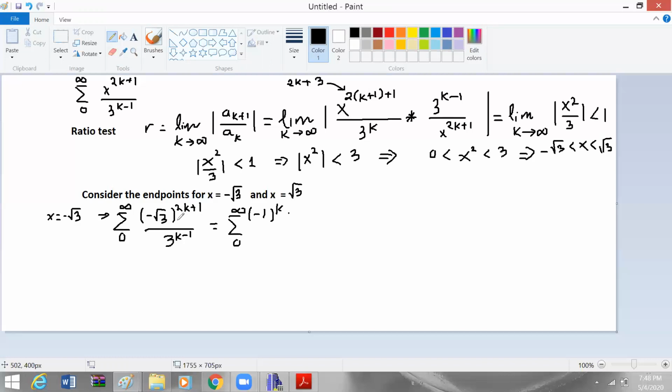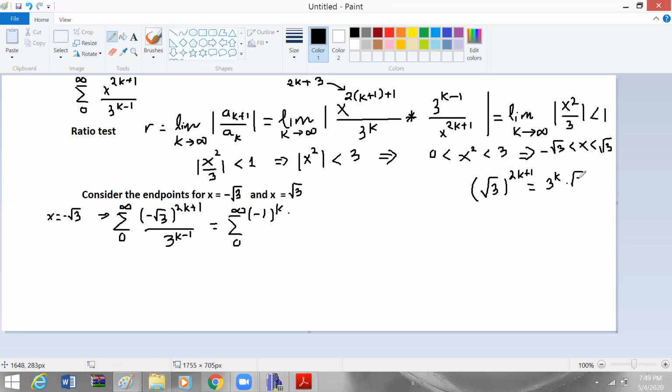So we pull out the negative sign. We remember that we have radical 3 to the 2k, so the answer will be 3 to the k. And if you have 2k plus 1, then it's 3 to the k times radical 3.